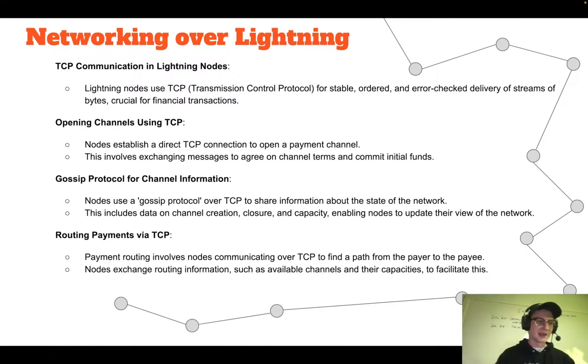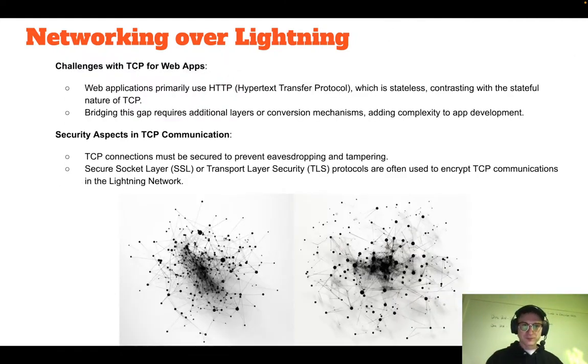It's more simple, and I guess the security implications around it maybe are more simple. So there's good reason why Lightning nodes use this. But from our perspective as app developers, it can make things kind of hard. How often do we write TCP interfaces in our web apps? Almost never. So this is a problem that we're going to be able to address with this workshop.